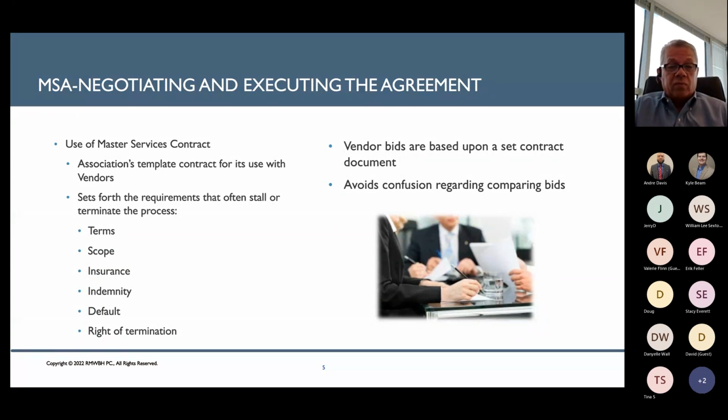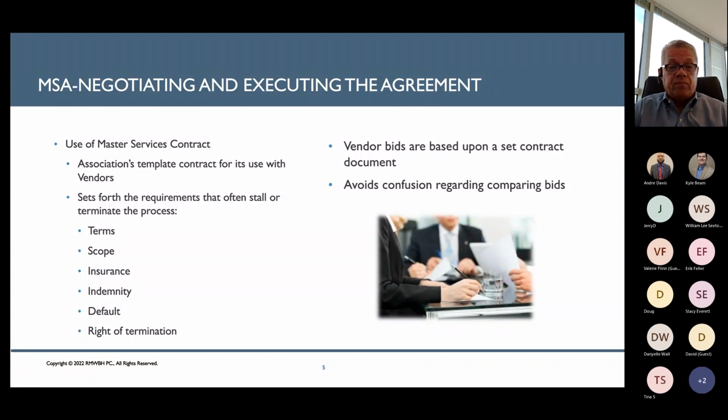What we think this means is that the use of this master services agreement helps the association, where there's one document that addresses all the relevant points that need to be addressed in the agreement. We get a lot of vendor agreements in front of us, and they're just not sufficient in the things that they address. We want to see a bigger scope of issues addressed in those agreements, and that's why we try to use a master services template.